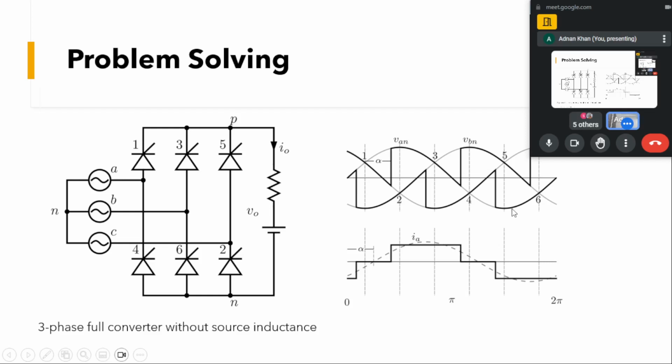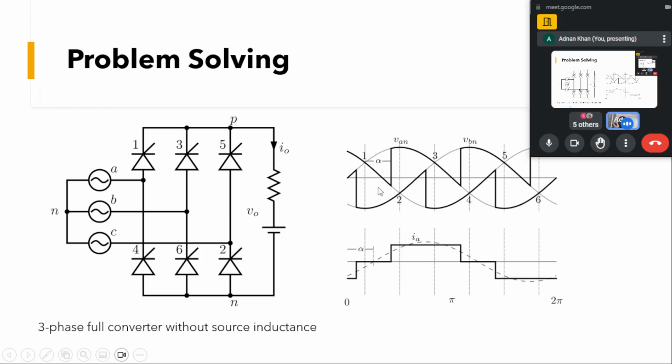Similarly, the current will be negative when SCR4 is conducting. For the diode bridge, SCR4 should have conducted from here, but it will start conducting at an alpha from the 4 point, up to this point, so here the current is negative.